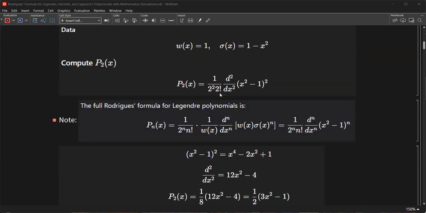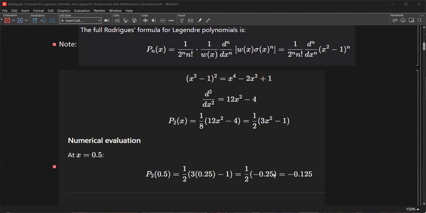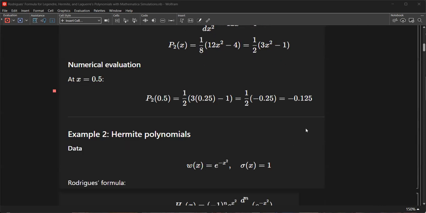Let's further simplify this: x squared minus 1 to the second power, and the second derivative is 12x squared minus 4. By simplification, that is 1/2 of 3x squared minus 1. For the numerical evaluation at x equal to 0.5, by substitution, this is 1/2 of negative 0.25, equal to negative 0.125.